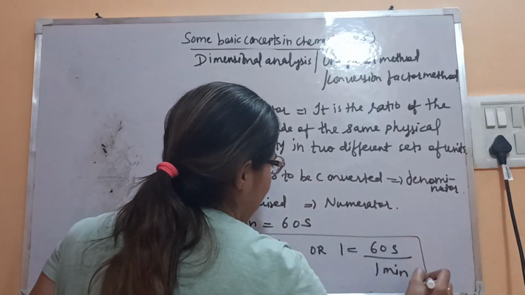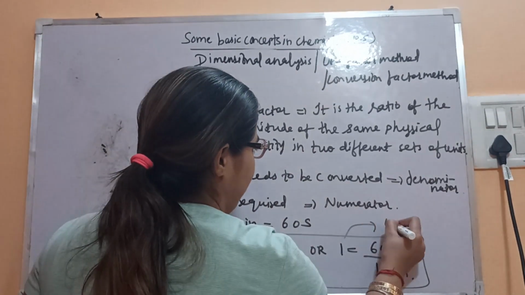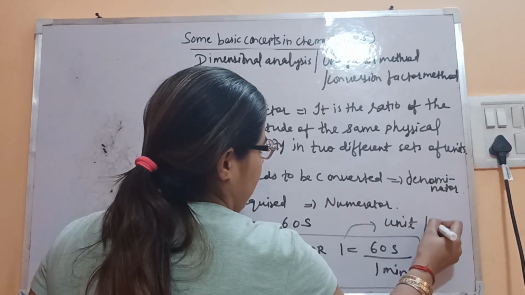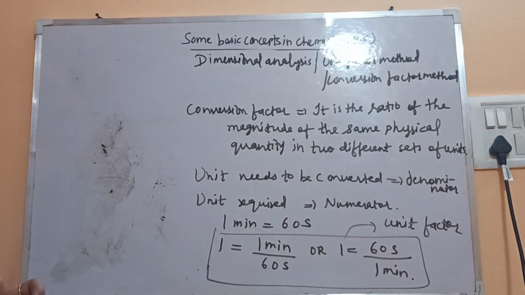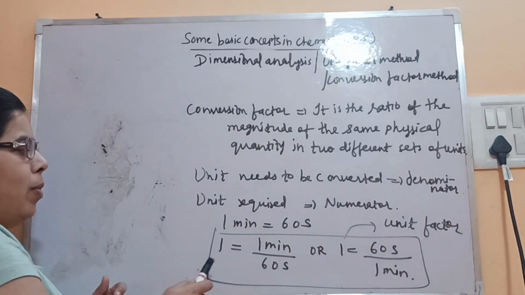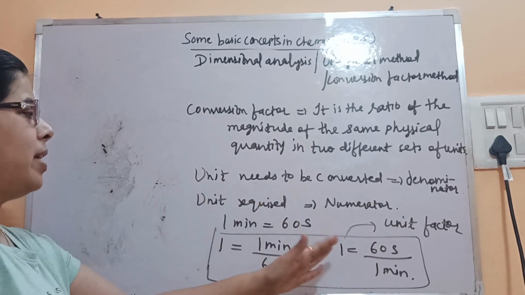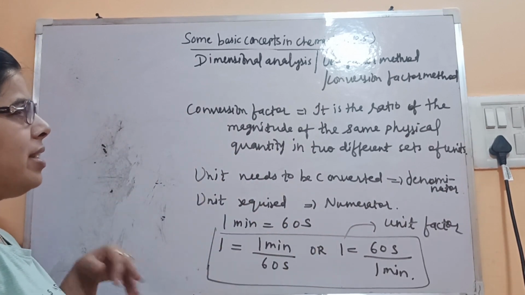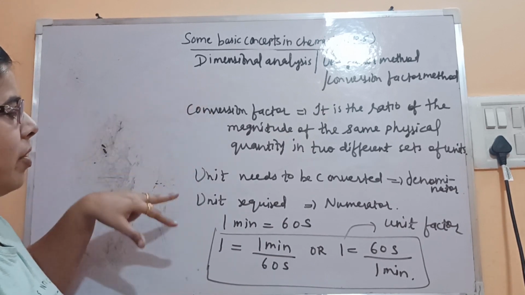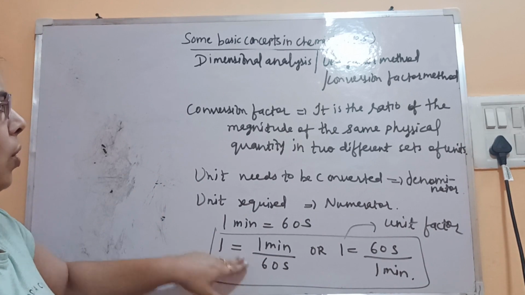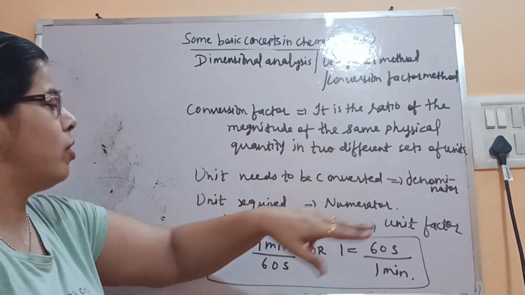Both are known as unit factors for the conversion of minute to seconds and seconds to minute. Now let's see how to use it. I hope this term is clear, that it's a ratio of the magnitude of the same physical quantity in two different sets of units.